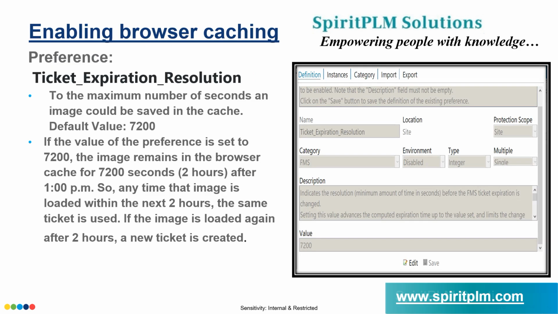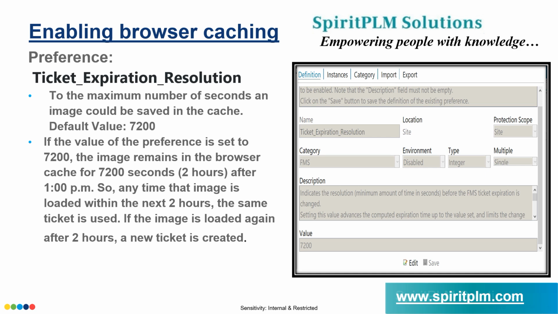Okay, next one, ticket expiration. Enable the browser caching. For example, if you want to load your image in your browser cache for, let's say, 2 hours or 3 hours, how do you enable the browser caching in the active workspace?